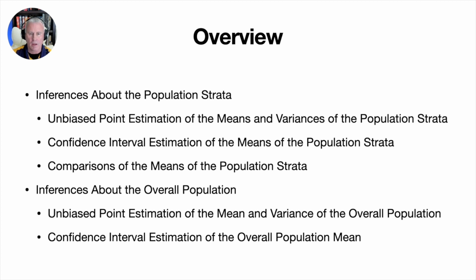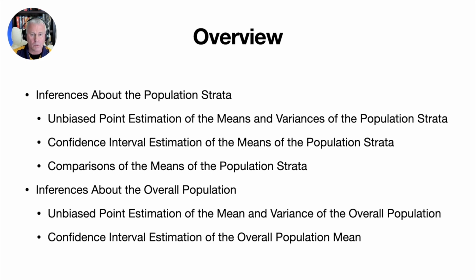In particular, we'll come up with unbiased point estimators of the means and the variances of the individual population strata. Once we've done that, we'll use that information to come up with confidence interval estimators of the individual strata means. We'll also look at how to compare the strata means.